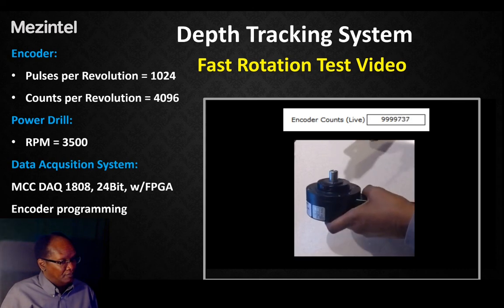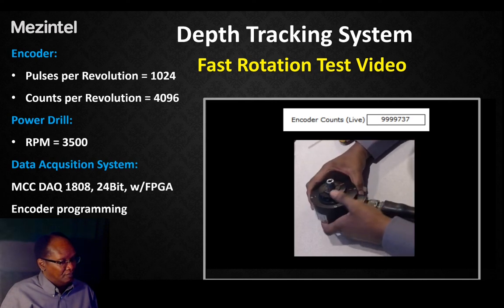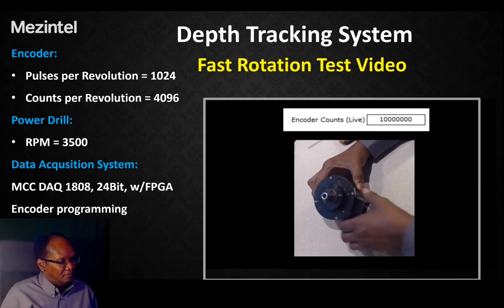Okay, so I'm going to do a fine tuning using my hand, and I'll just try to get the 10 million count, and then after that I'm going to see what my markers are showing. So I'm focusing on the counter there, to see that once I get the 10 million, what is going on with the markers. And as you can see, the markers are lined up perfectly right there.